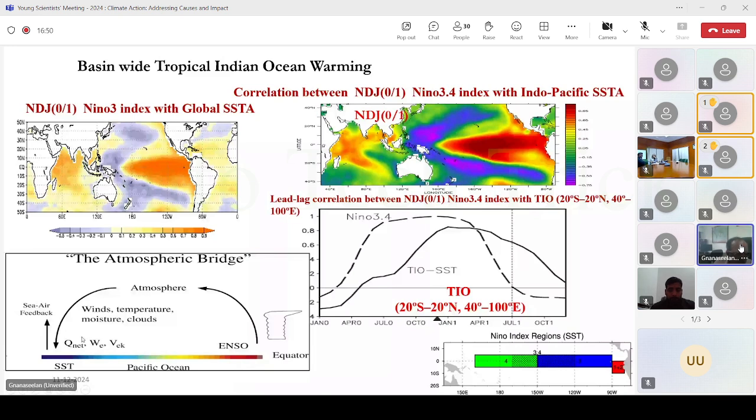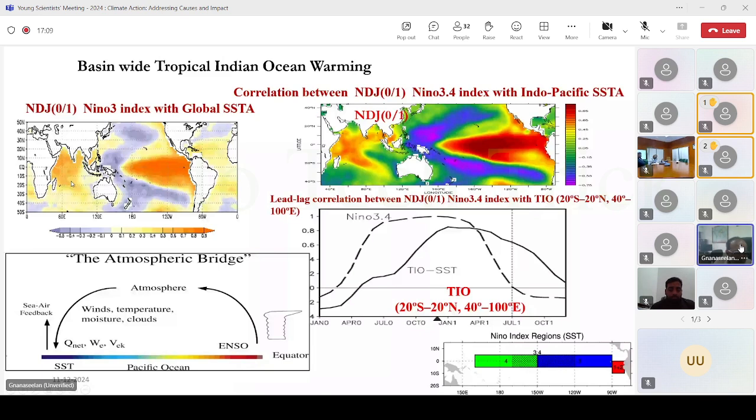All these are favorable for warming the Indian Ocean. So the Indian Ocean warms. Whenever there is an El Nino in the Pacific, within a few months you will see the Indian Ocean also show a similar pattern with warm anomalies.